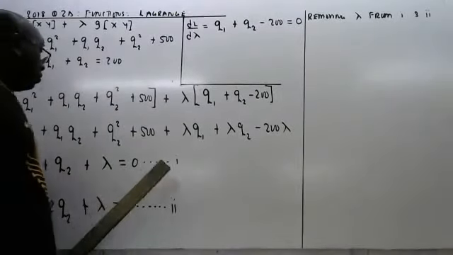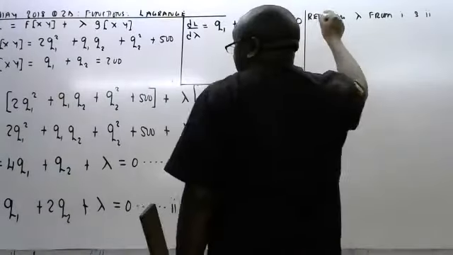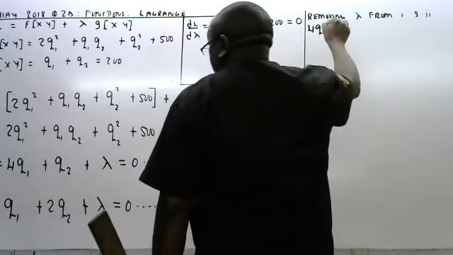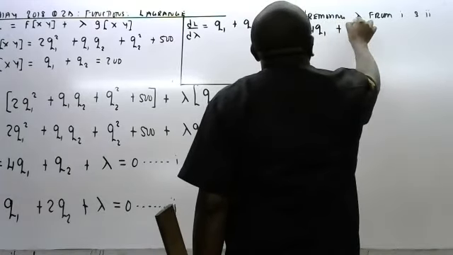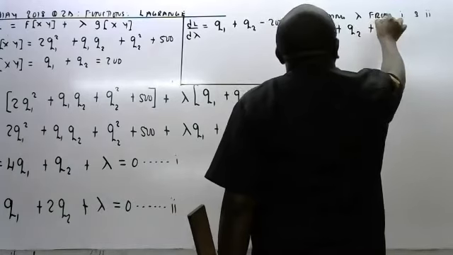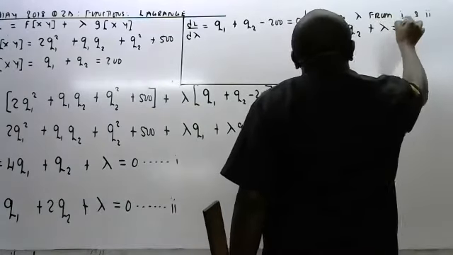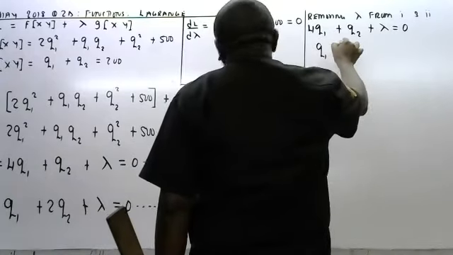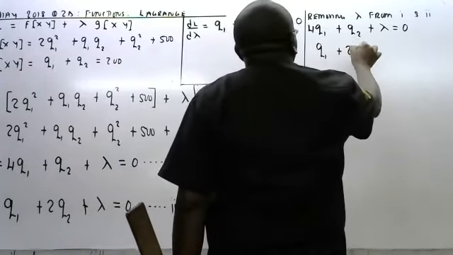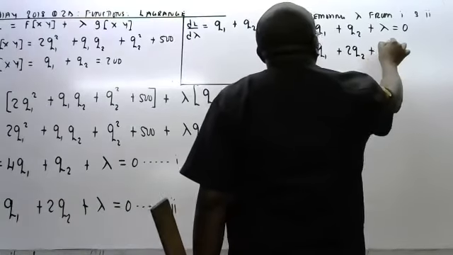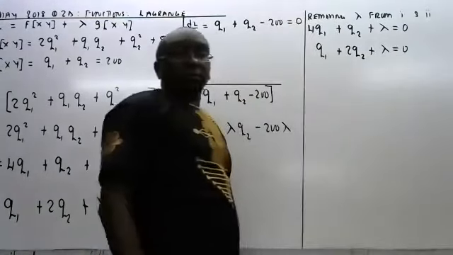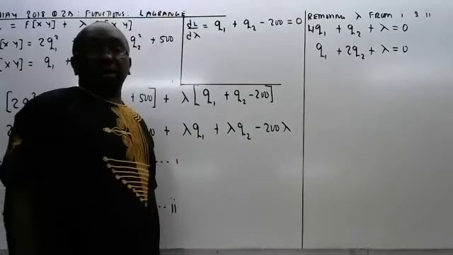What you do, you bring equation 1 here. You say 4Q1 plus Q2 plus lambda is equal to 0. Then you have Q1 plus 2Q2 plus lambda is equal to 0.